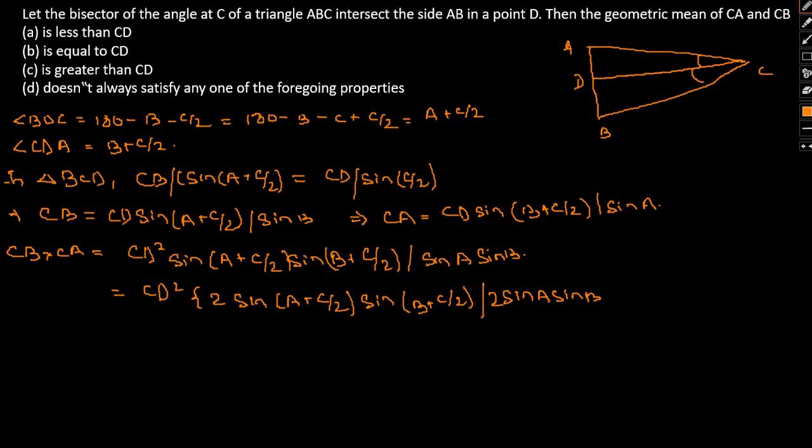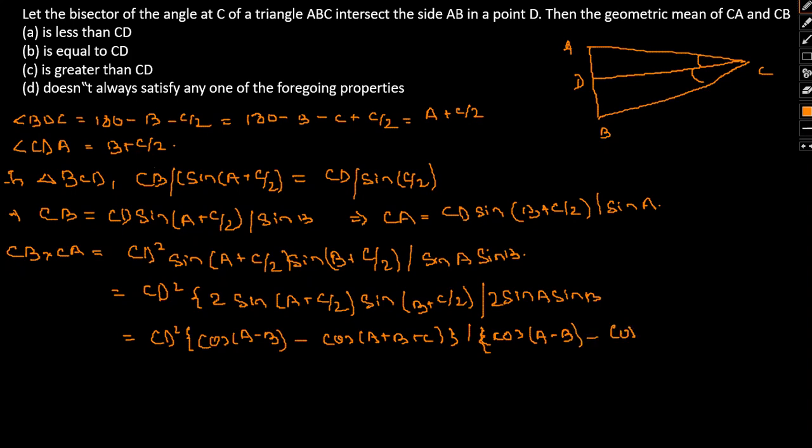Okay, so now CA into CB can be further written as CD square into cos A minus B minus cos A plus B plus C by cos A minus B minus cos A plus B. I hope this is clear.